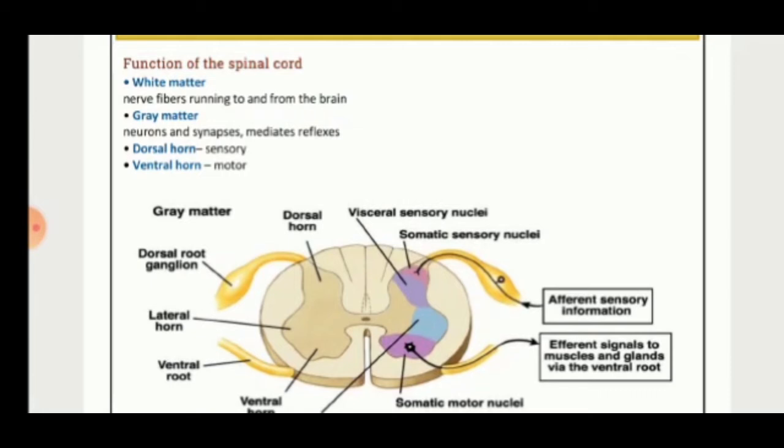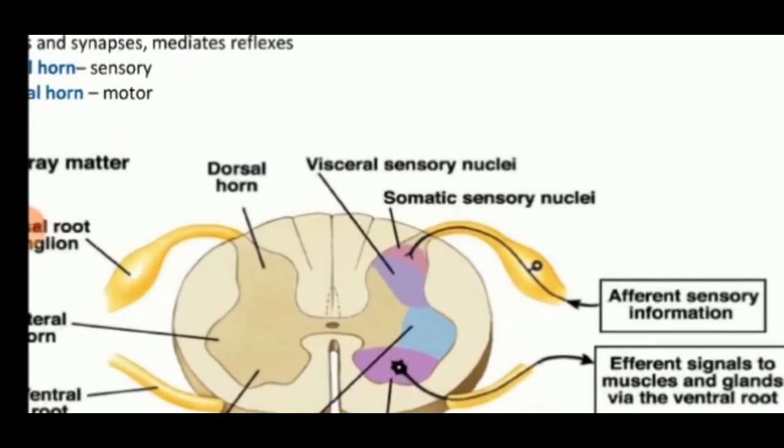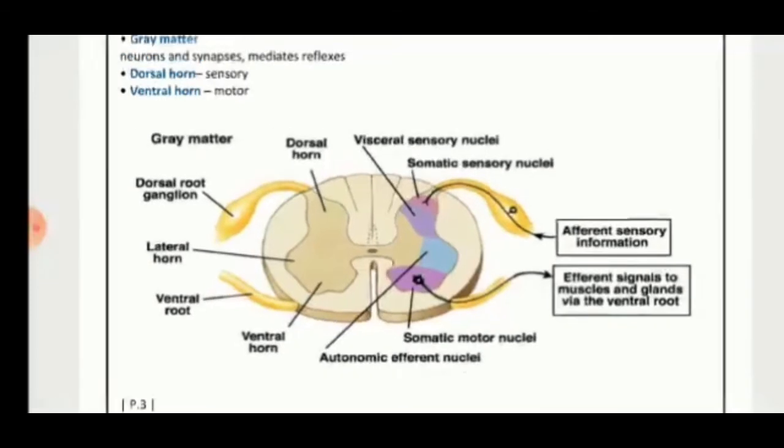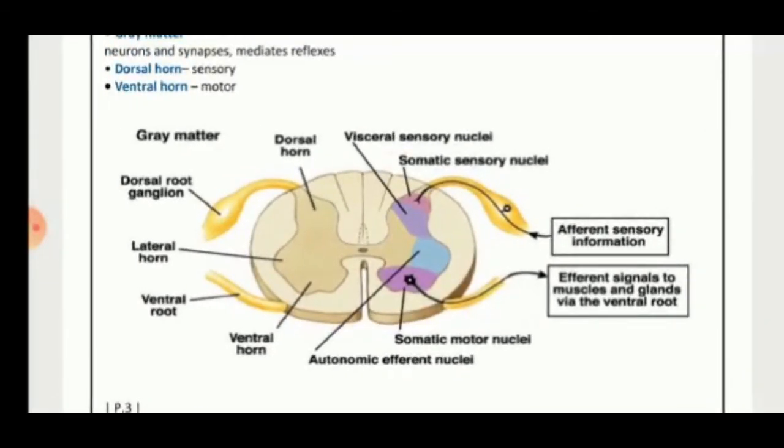Any axon or fiber running to and from the central nervous system. Gray matter is darker in color as shown in here. It contains the ganglia or cell bodies, synapses, and it's responsible for the reflexes.